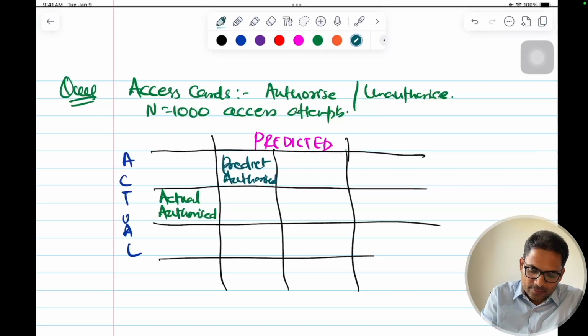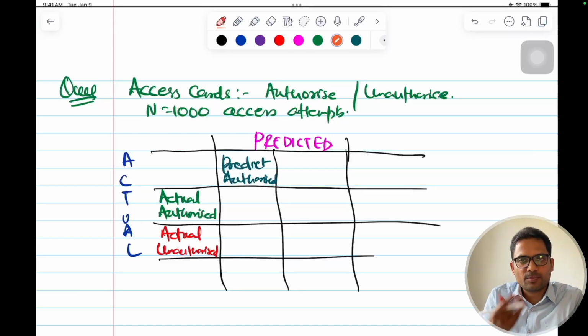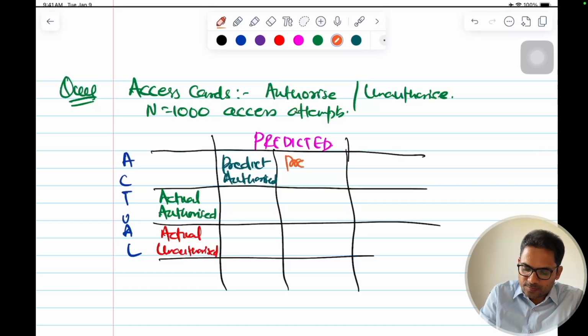Then there is some actually unauthorized person who should not be let into the system, and the system may have some bugs if it's a software system, and predicted unauthorized access. So this is the data we have.